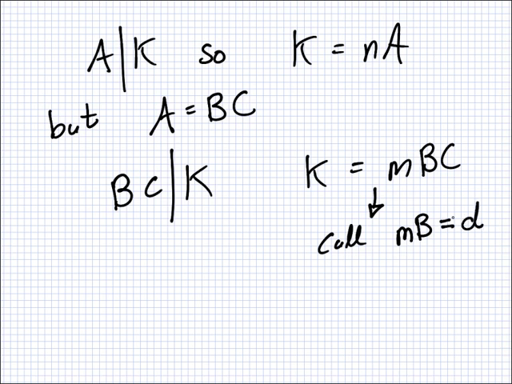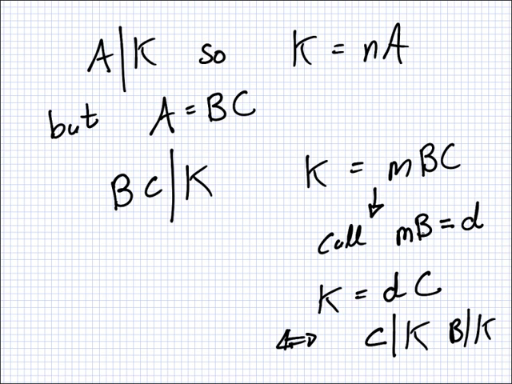D. Right, so you can change this into K equals D times C. This can be written as C is a factor of K. It's just the reverse of what I did at the start. And likewise, you can do the same trick and get B as a factor of K. This is a very long way of saying something that maybe some people have figured out already.